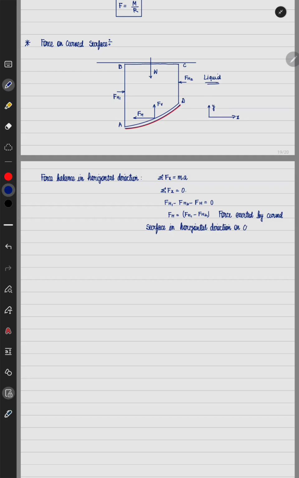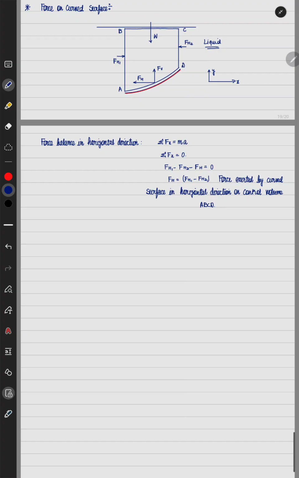This implies that the force applied by the control volume on the curved surface AD is equal and opposite, given by minus Fh, which is Fh2 minus Fh1.